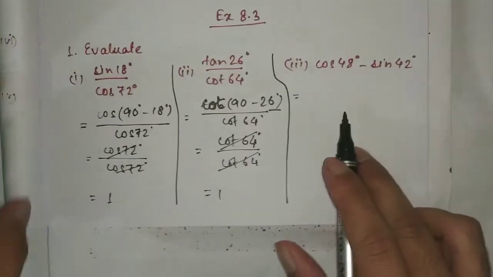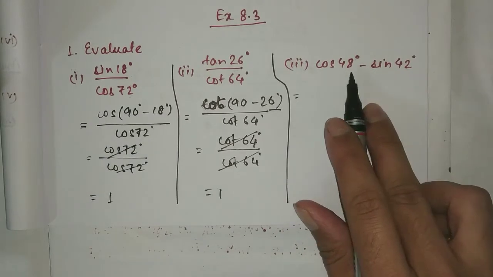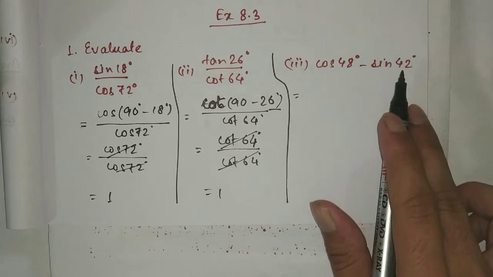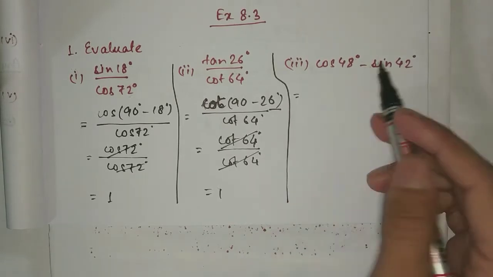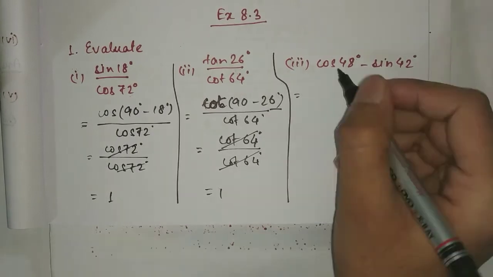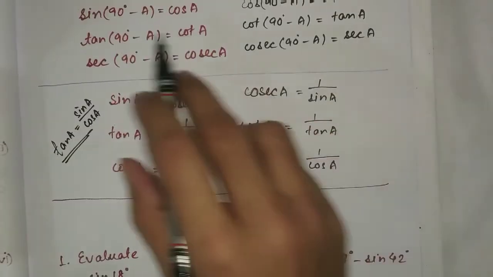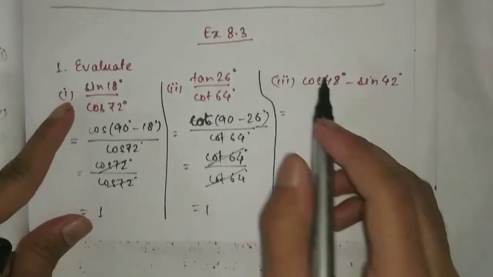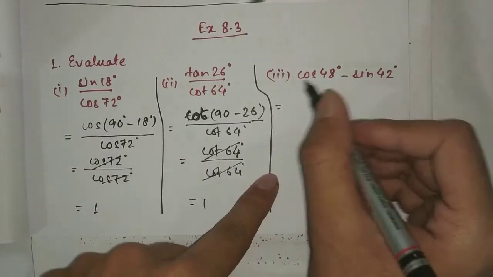Now the next part. It is given here cos of 48 and sine of 42. Either we convert this cos into sine or we convert this sine into cos. We do the first one, that is we convert this cos into sine. How can we convert? We see that cos of a is equal to sine of 90 minus a. So here a is 48 degrees.